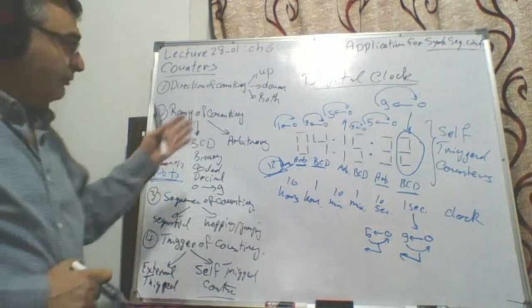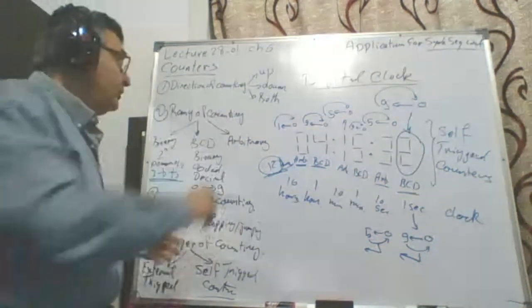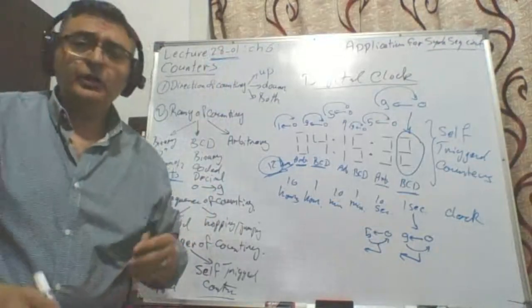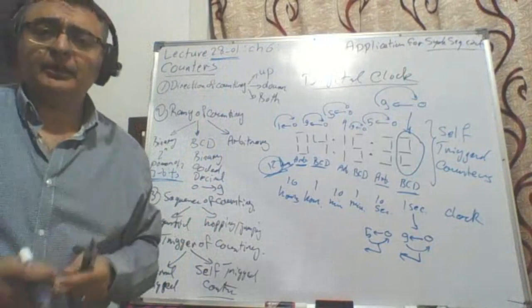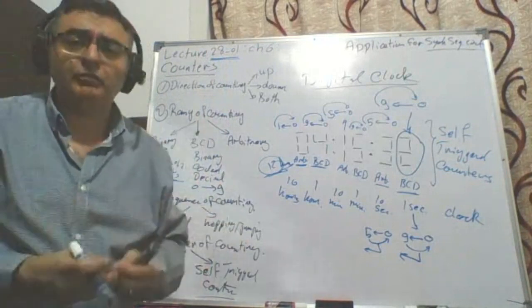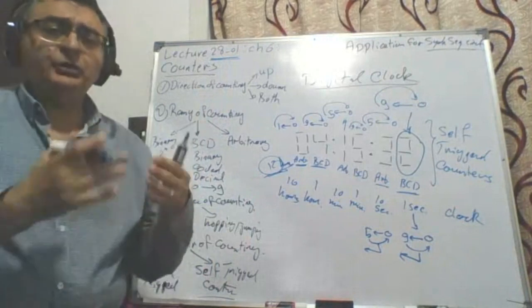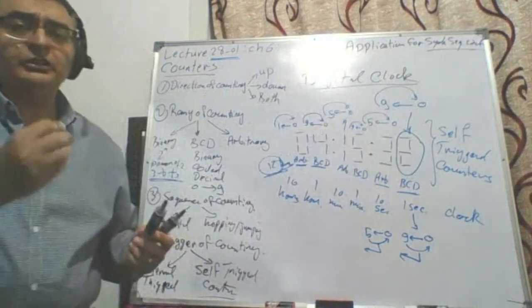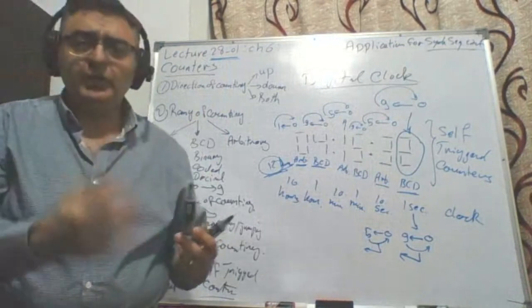So we will stop here at part 1 of lecture number 28. In the second part, we will design the state diagram for some of those counters, and we will even take one of them as an example and do the design in full until we reach a circuit for a counter.